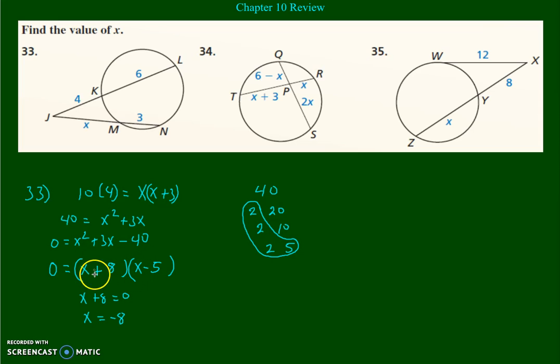So if we assume that this is the one that equals 0, x plus 8 equals 0, so solve for x equals negative 8. Well, that can't possibly be the length of a segment because it's negative. So I can eliminate this one as a possibility. Now let's assume that this one is the one that's 0. X minus 5 equals 0. Therefore, x equals 5. So this is our answer.